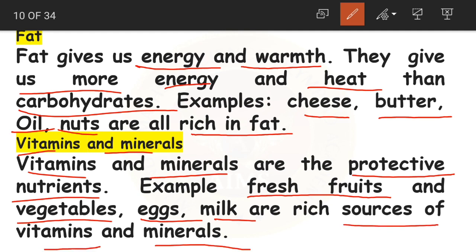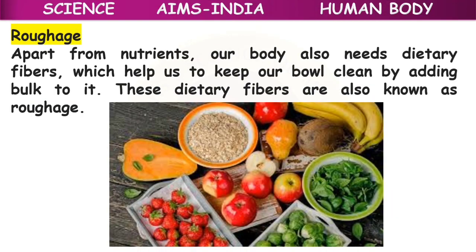So that is why doctors always advise us to eat fresh fruits, to take vegetables, to have an egg every day, and to drink milk every day, so that our body is protected from diseases. Okay, clear children?